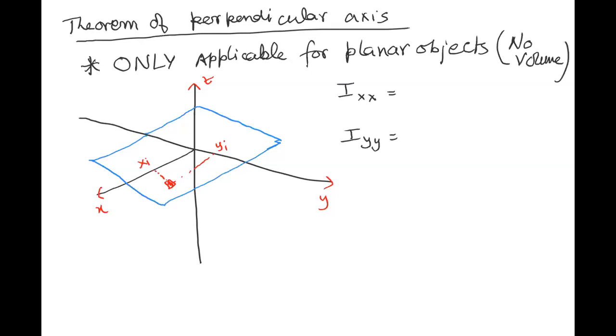Well, about the x-axis, the moment of inertia is summation mi yi square. Can you see the moment of inertia of the object about x-axis is summation of mi yi square? I hope everybody can see this.